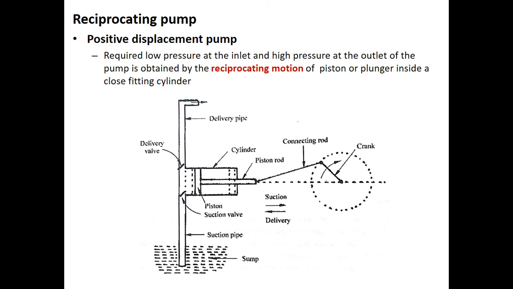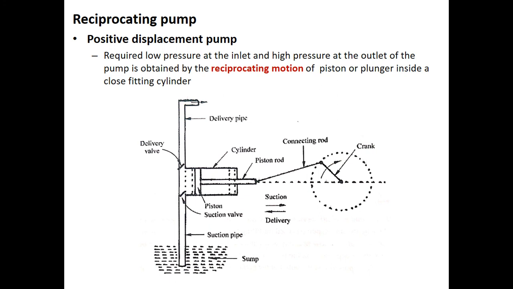If you look at the diagram, you can see the suction and delivery pipes are fitted with non-return valves, where the suction valve and delivery valve are non-return valves. What does it mean? The non-return valve is a one-way valve. It always ensures unidirectional flow of the liquid, no backward flow.